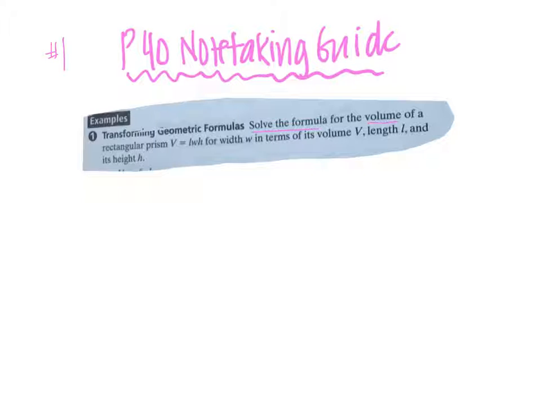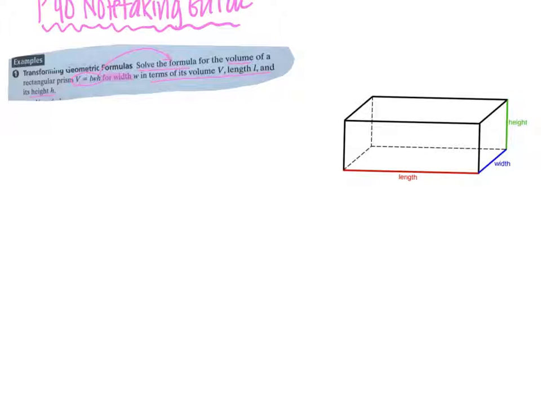Okay, well, let's think this through for a second. Remember that if I want to find volume of anything, this is a little mini geometric lesson on the side here.